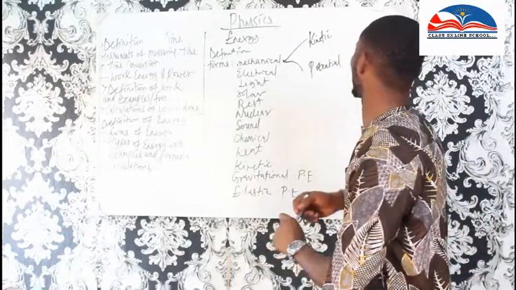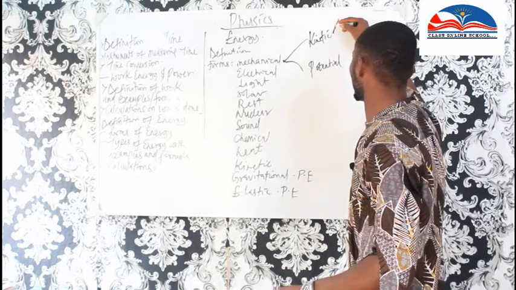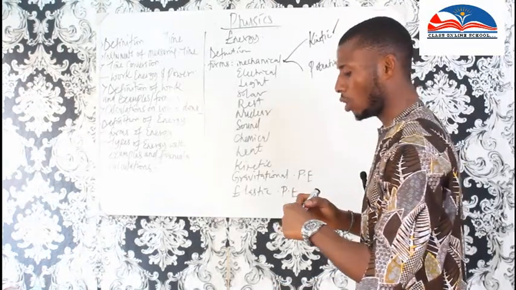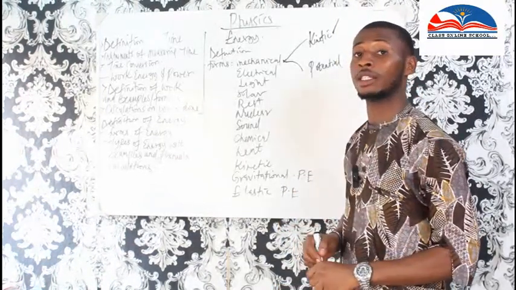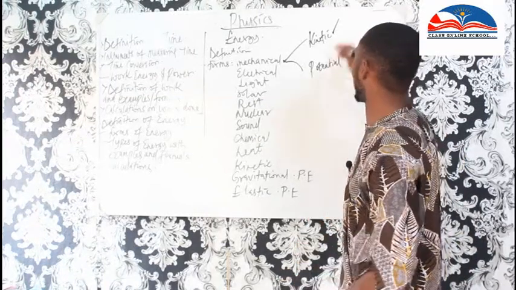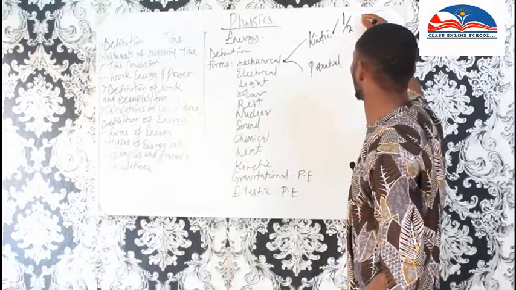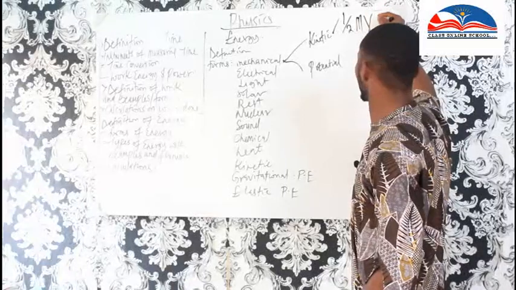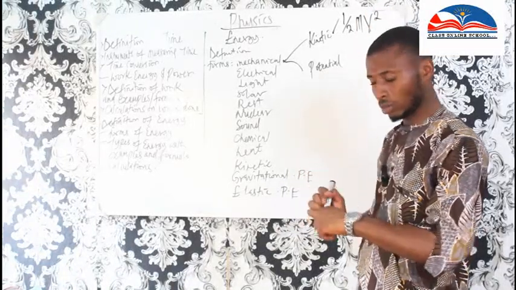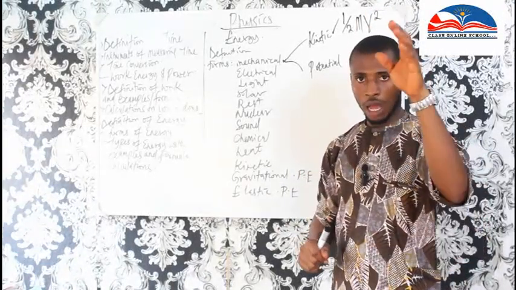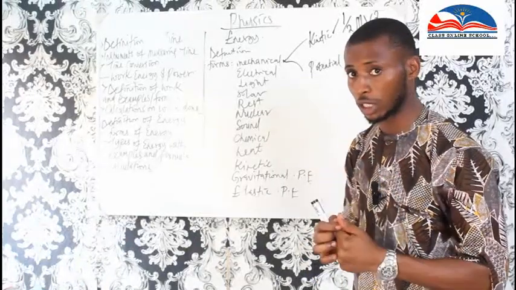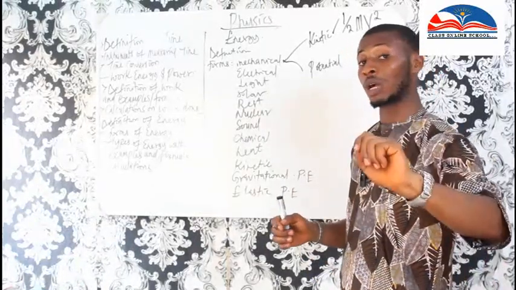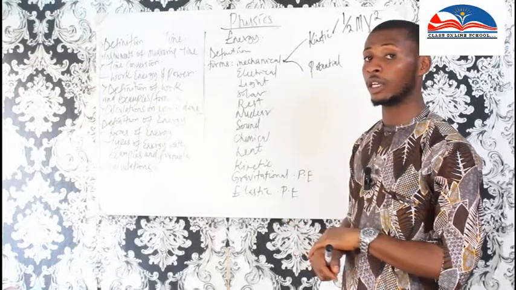All right, let us talk about kinetic energy. If we want to calculate kinetic energy, the formula is 1/2 mass times velocity squared. Half of mass times velocity squared. That is how to calculate the energy.